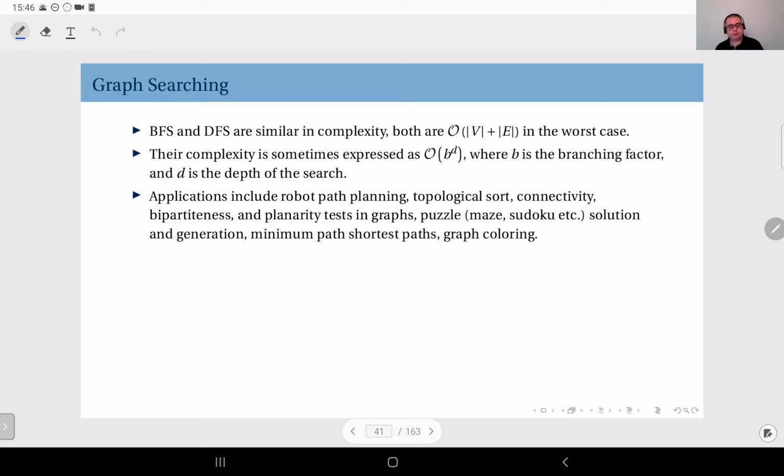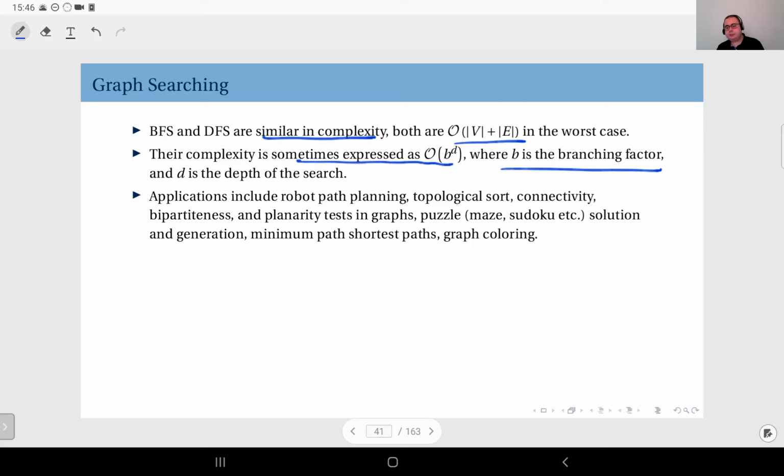Now, we have seen two algorithms of graph searching. There are others, but these are the most prominent ones. And they are similar in complexity. In general, they require the sum of the number of vertices and the number of edges operations in the worst case. And sometimes you can also see the complexity expressed as b to the power d, where b is the branching factor, which is sort of the average degree of a vertex.